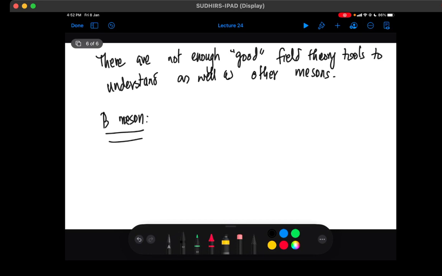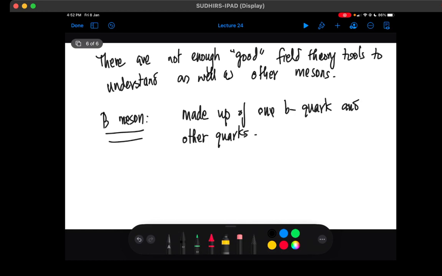B mesons are essentially made up of one b quark and other quarks. So you have B d 0, B-bar, one combination Bs0, which is b s-bar.